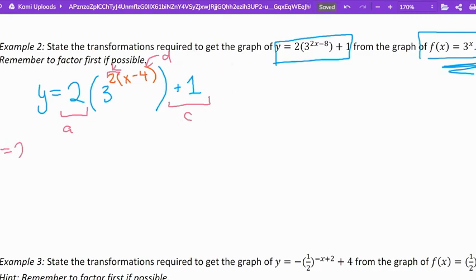So we got A equals 2, K equals 2, D equals 4, C equals 1. Good question. That's a very good question. Does K equal 2 or 1 over 2? K equals 2, but we're going to talk about a horizontal stretch by a factor of 1 over 2.